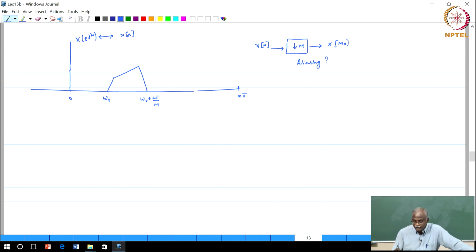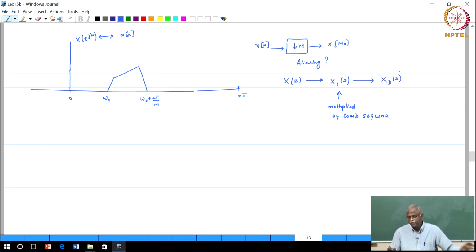The easiest way to answer that question is to take X(z) and multiply the sequence by the comb sequence, which we call x1. That gives multiple copies with a scale factor, and then you get the downsampled signal. Before you get to the downsampling, right here itself we will know the answer, because you are going to get shifted versions.